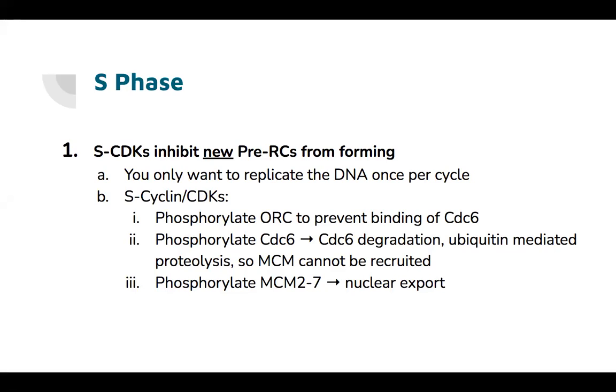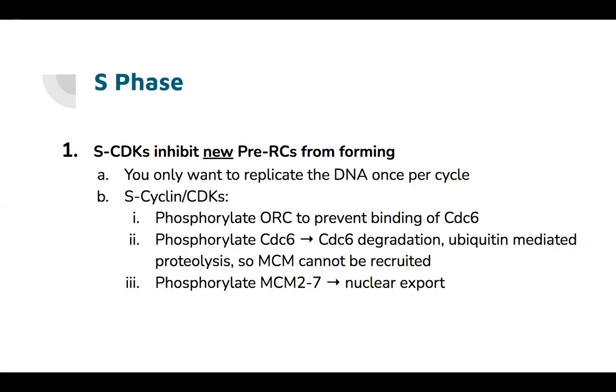One is that it phosphorylates ORCs to prevent the binding of CDC6. Another is that it phosphorylates CDC6 itself, which then marks it for degradation via ubiquitin-mediated proteolysis. So it pretty much just sends CDC6 towards the proteasome to be degraded.